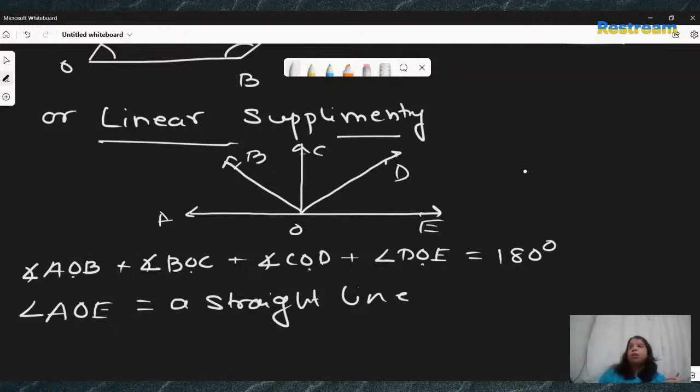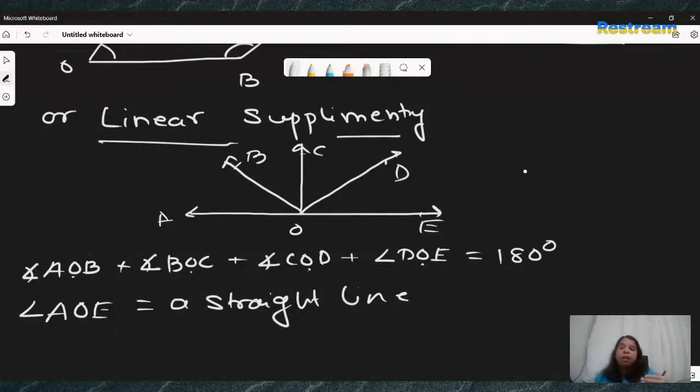Now, whenever you have questions of this kind, you can just write the reason as linear supplementary. Okay, one very important fact. Whenever we are doing anything in geometry, each and every step you do has to be supported with a mathematical reason or a geometrical reason.